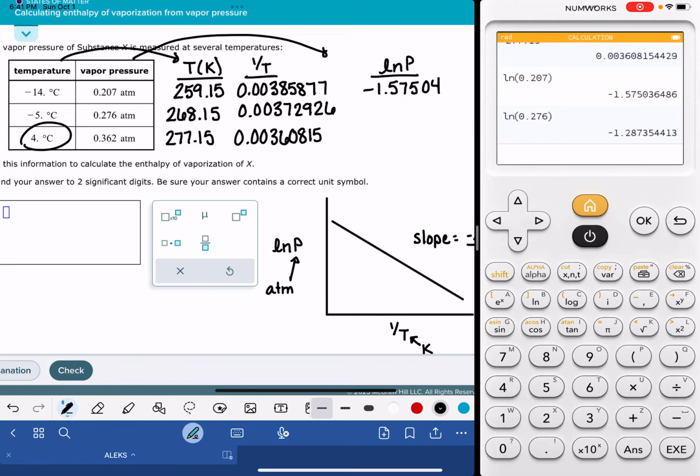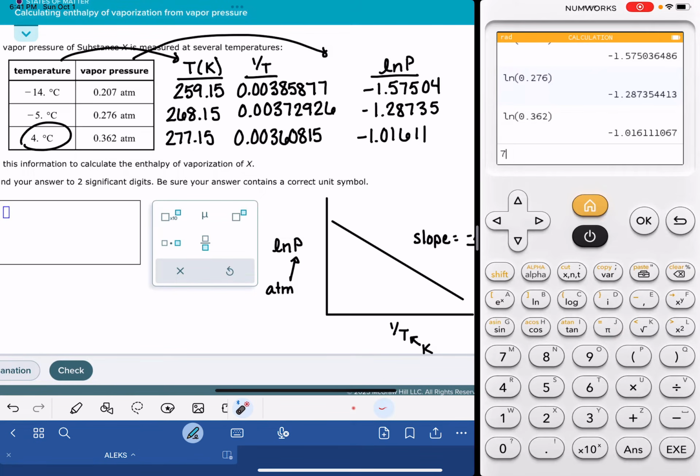The natural log of 0.276 is negative 1.28735. And then last but not least, the natural log of 0.362 is negative 1.01611.